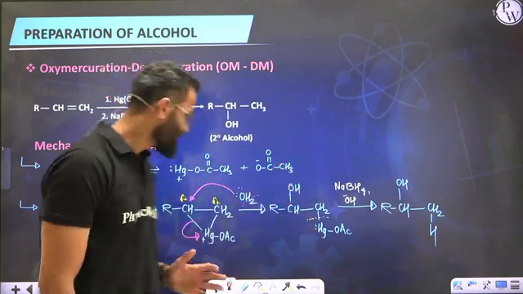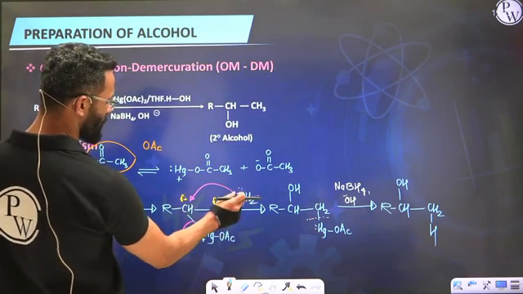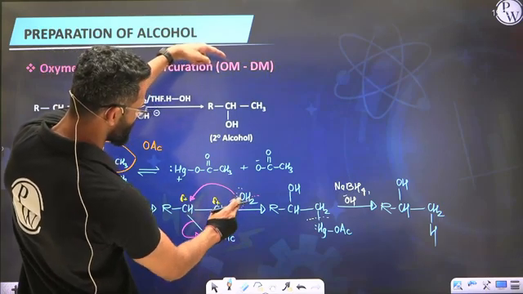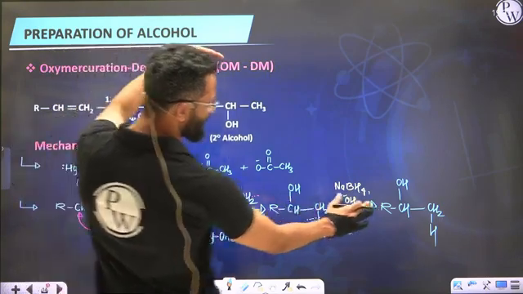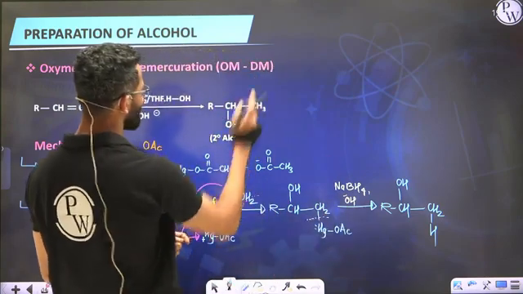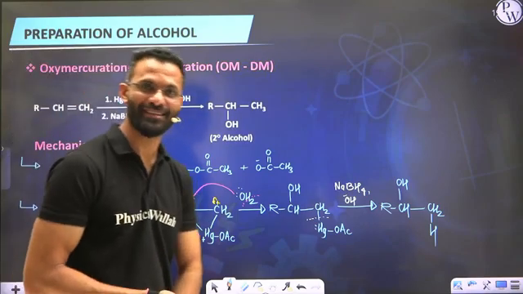So guys, up till here what has happened? You added mercury and you added oxygen. So this step is called oxymercuration, addition of oxygen and mercury. And in the final step, mercury has been removed, hence you call it demercuration. So that is oxymercuration-demercuration.